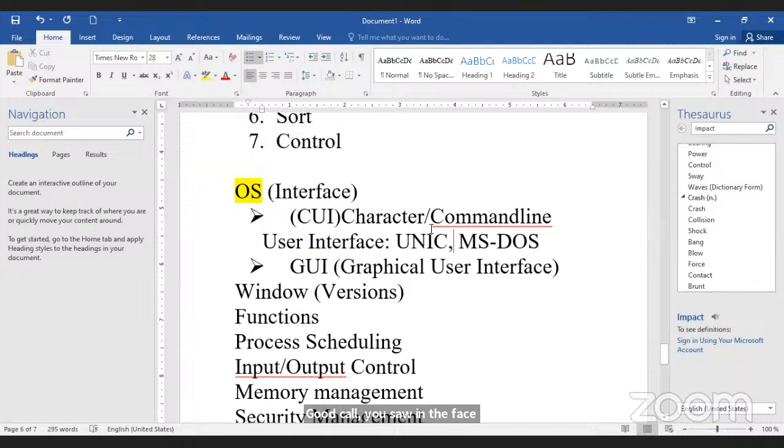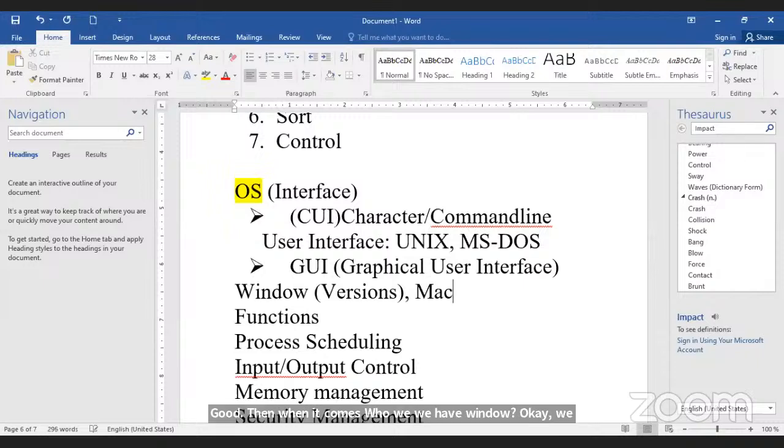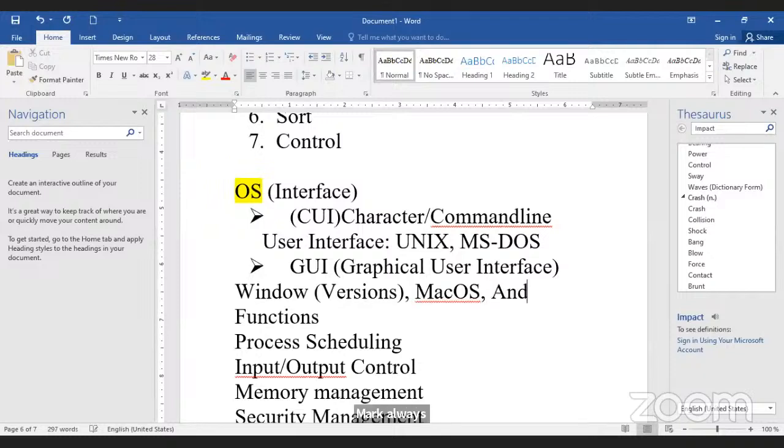Examples of systems that use command line, we have mentioned Unix and MS-DOS. When it comes to GUI, we have Windows versions, Mac OS, and Android.